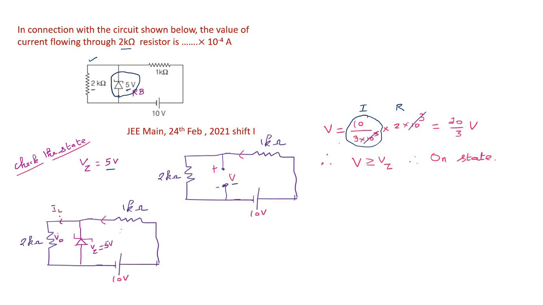So our aim is to find IL. You know V0 equal to VZ is equal to 5 volt. Then use Ohm's law to find IL.